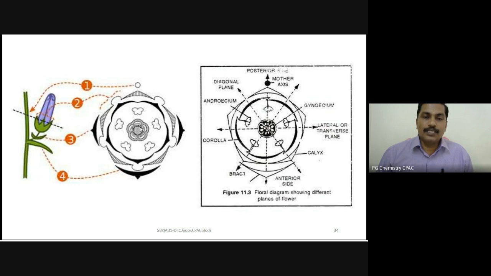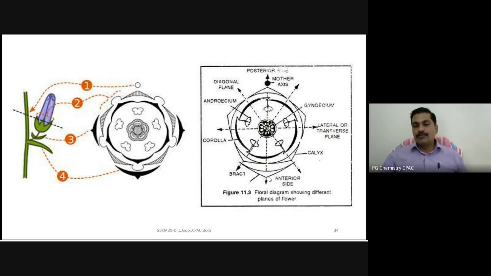Then androecium and gynecium. Okay, see, this is the floral diagram. So when you observe the flower, you can straight away draw this diagram by seeing the flower. Okay, that much of information you should have. So one can draw the diagram like this.